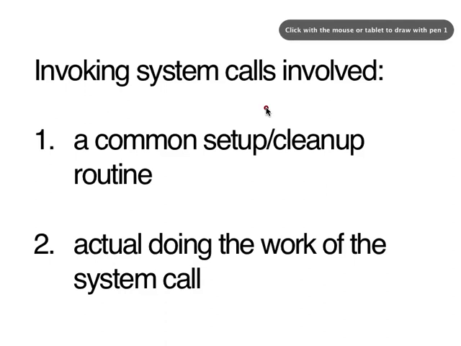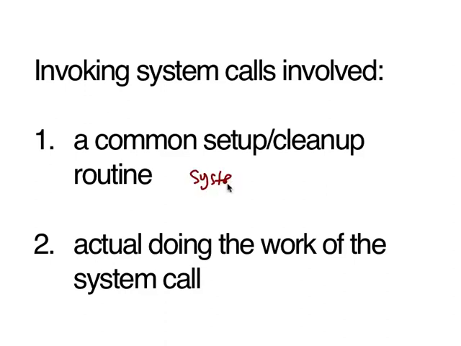Last week I threw out this term, system call handler, without really explaining what it is. The system call handler basically refers to this part, which handles the invocation of a system call and of course cleans up afterwards.